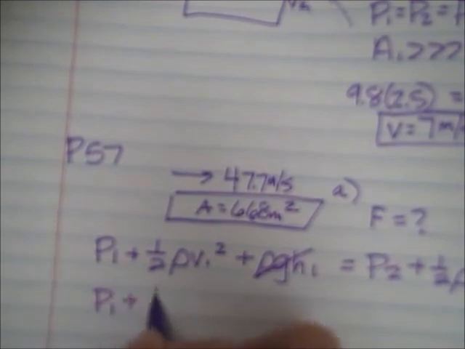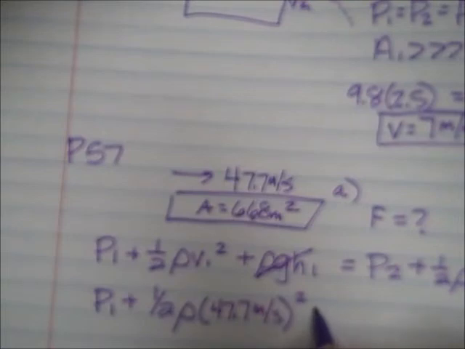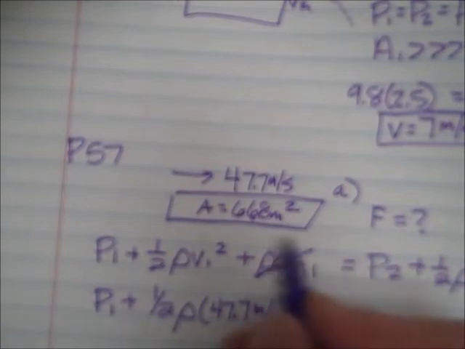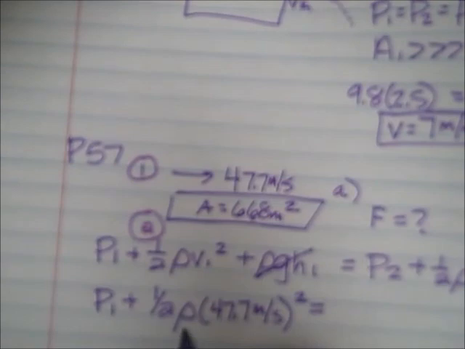And so P1 plus 1/2 rho times 47.7 meters per second squared is equal to, I'm saying this is part 1, this is part 2. The density of air I found in your text to be 1.29 kilograms per meter cubed.